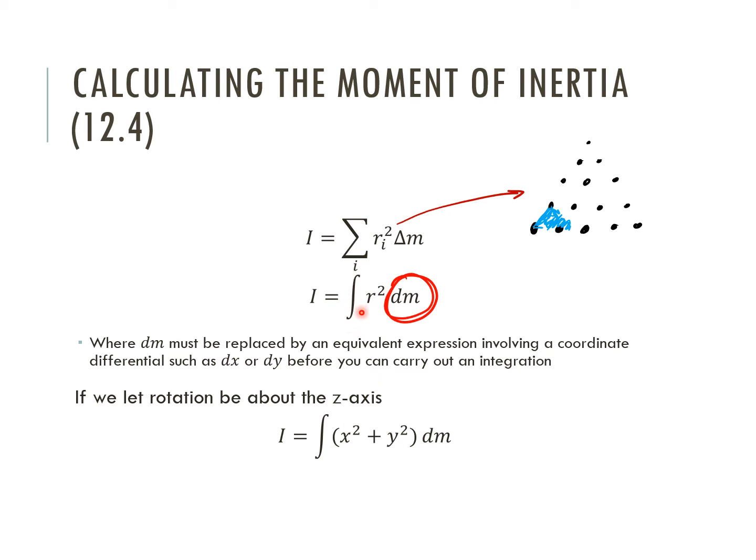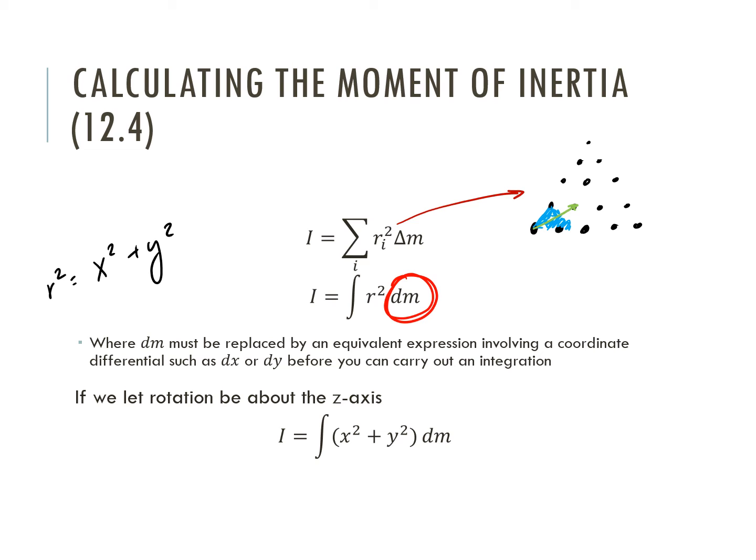So we're going to replace r squared with x squared plus y squared. Because again, if we think about our original definition for r, we're saying that r squared is equal to x squared plus y squared. It's just our position vector.